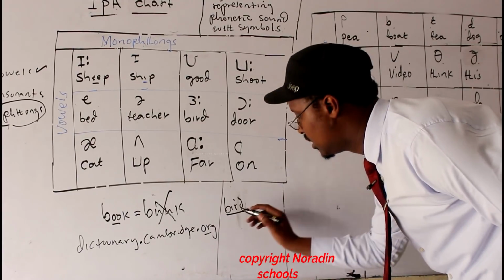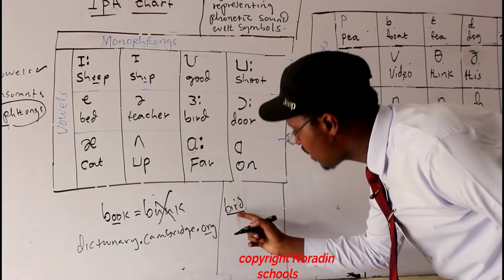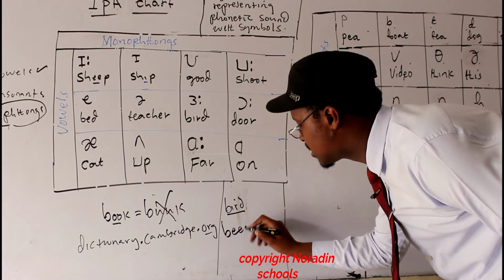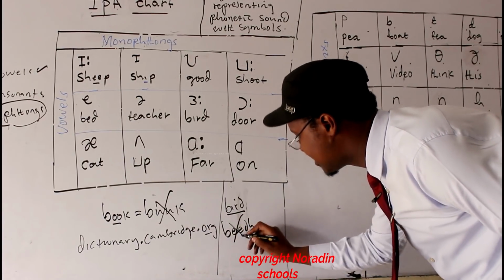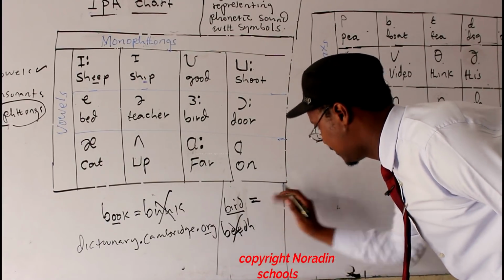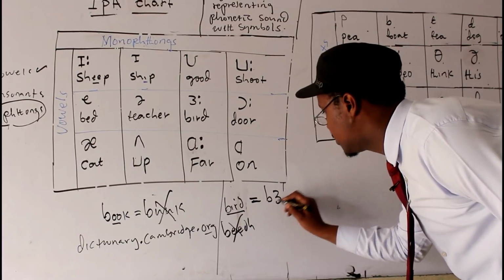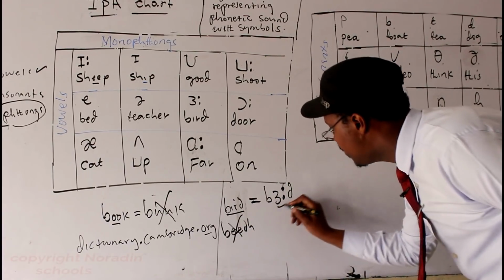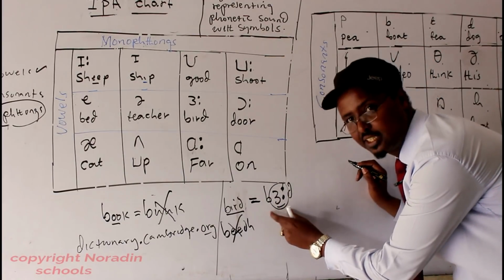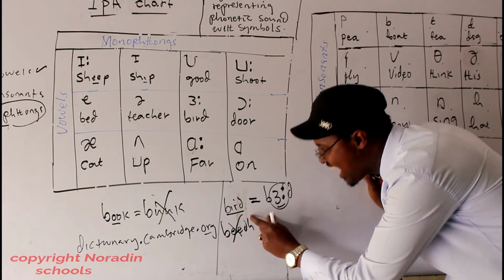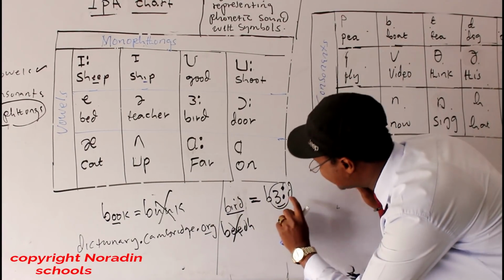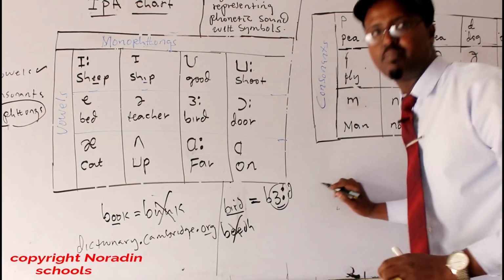It is not. It has to be bird. In Somali you might write it like this, but this is not correct. The proper pronunciation in dictionaries would be like this. If you don't know these symbols, you would not understand the pronunciation of words in dictionaries. So the lesson is all about understanding these symbols.